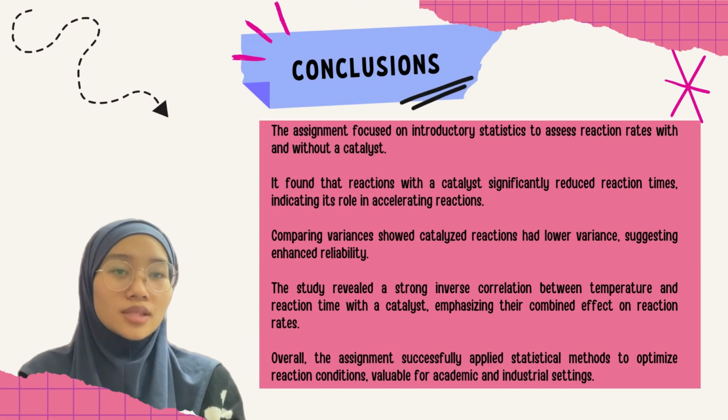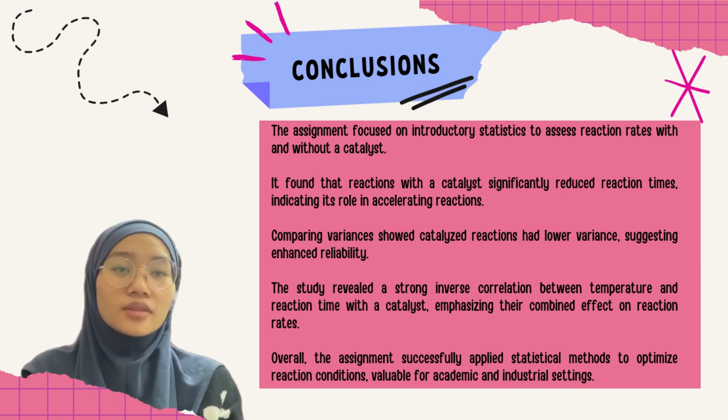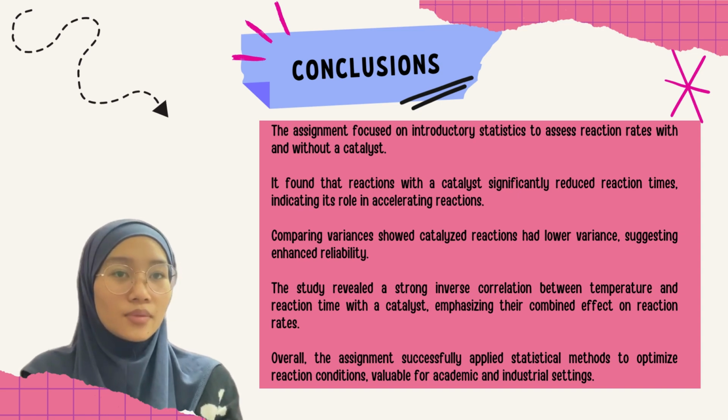To sum up, the assignment focuses on introductory statistics applied to reaction rate with and without a catalyst. The first objective is to estimate the mean difference in reaction time between the reaction with and without a catalyst. It found that the reaction with a catalyst significantly reduced reaction time, indicating its role in accelerating the reaction. Objective number 2 is comparing variances, which shows the catalyst reaction had lower variance, suggesting enhanced reliability.